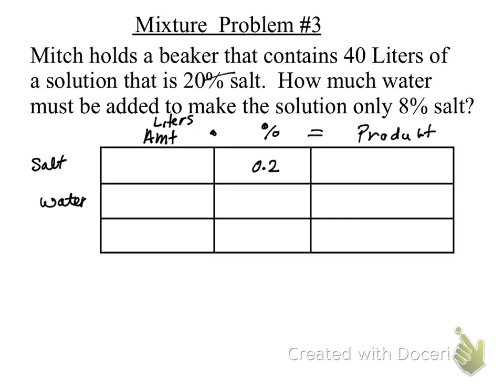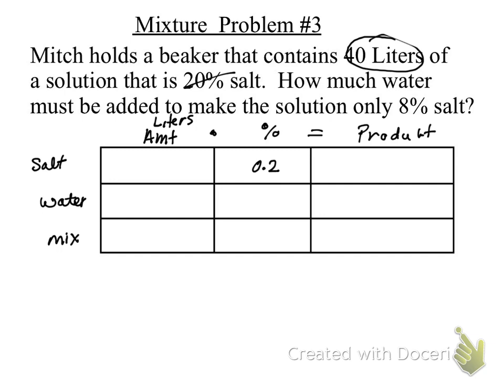Okay, I've got that. Where does the 40 go? Of what? The amount of what? Salt and water. Well, it says Mitch holds a beaker containing 40 liters of a solution that is 20% salt.